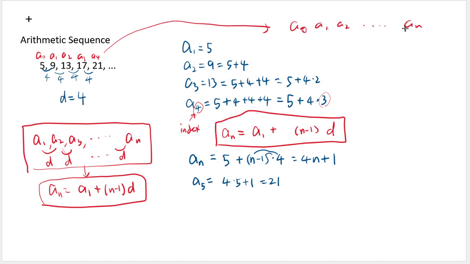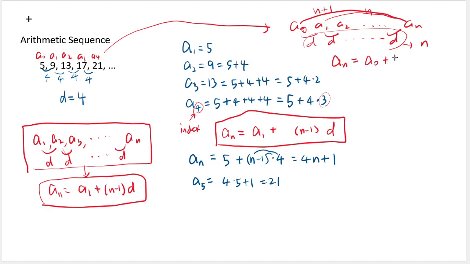Because 1 through n is n items, 0 through n would be n plus 1. And therefore, if you think about how many d's you have in between, it's 1 less than n plus 1, which is n d's. So you'll have n of these. And therefore, when you start from a0, the formula looks a little different. It's an equals a0 plus n times d.